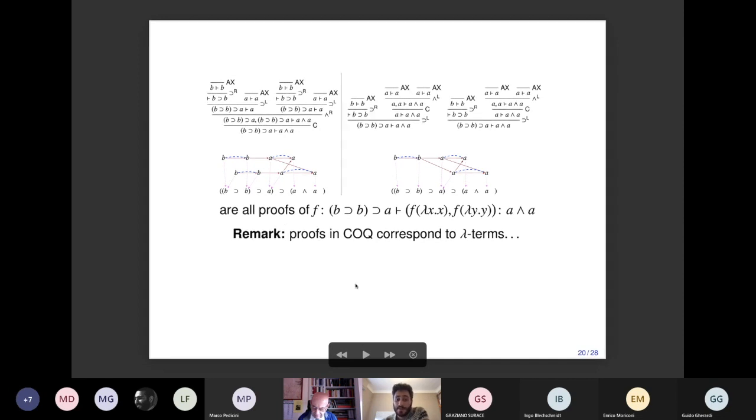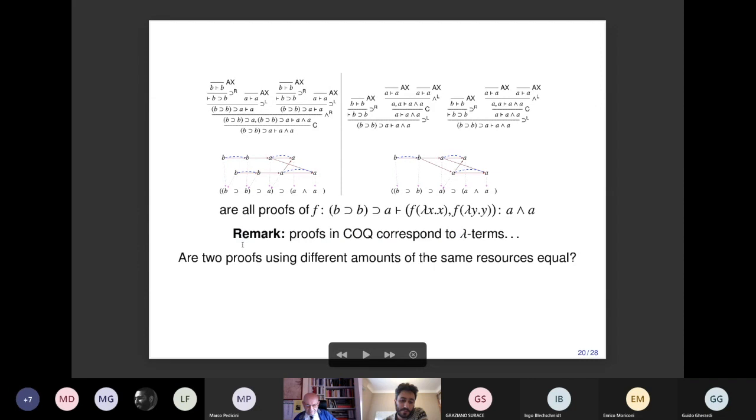And the question is, if I want to verify something, if I want to check a program, does it matter if I use the same resource once or two times? You can say, no, I don't care. You can say, yes, I care. But just know that the current tools usually do not care.